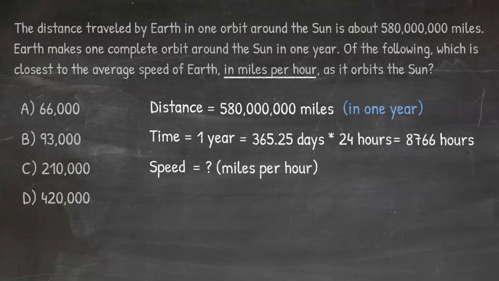The question asks us about speed. This is a very common setup where we have three pieces of information: distance, time, and speed. And generally, we should know that distance equals speed, how much something happens per unit of time, times time, so how much time actually passes.